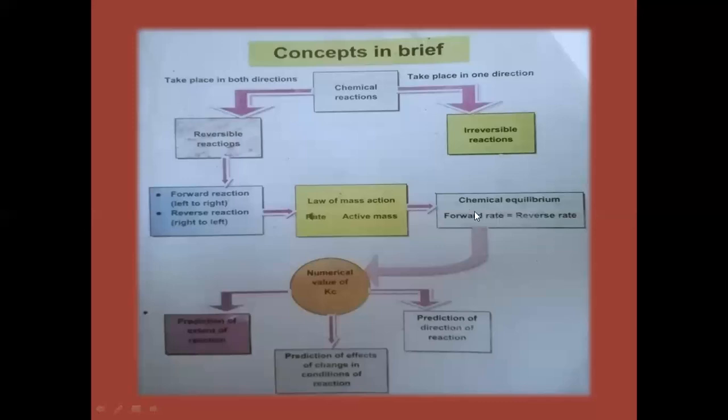And then from this law of mass action, by using this equilibrium property, a constant called Kc is derived, and the importance of that Kc is that it is used to predict the direction of a chemical reaction, to predict the extent of a chemical reaction, and to predict the effect of change in concentration or temperature or pressure on a reaction in equilibrium state.